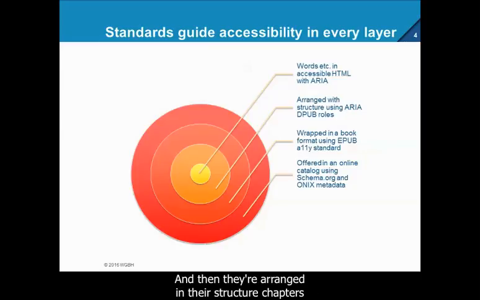And then they're arranged in their structure, chapters and sections and table of contents and so on, using the ARIA DPUB roles. Those then can be wrapped in a book format, such as EPUB, and in that case you would use the EPUB accessibility standard. And finally, when those are offered in an online catalog or a library system, that's when the schema.org or ONIX metadata come in. So today we'll be focusing on that outermost layer, the metadata.